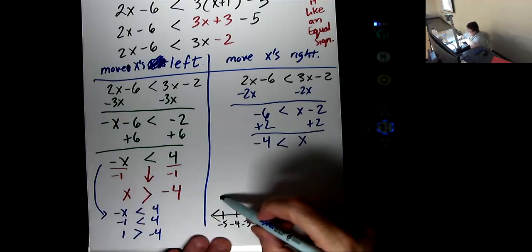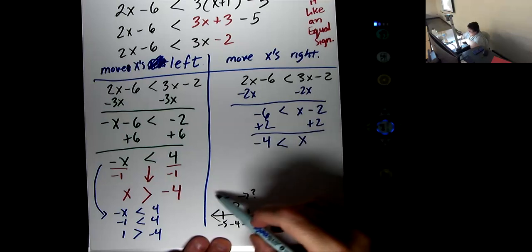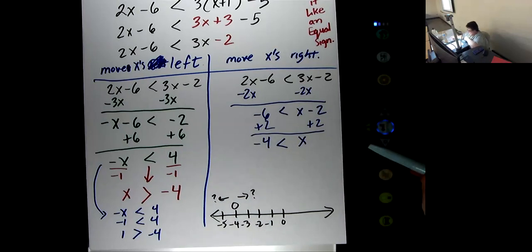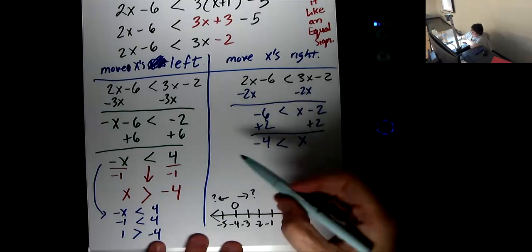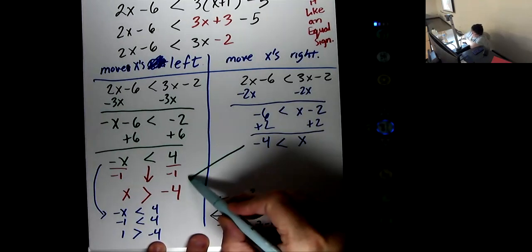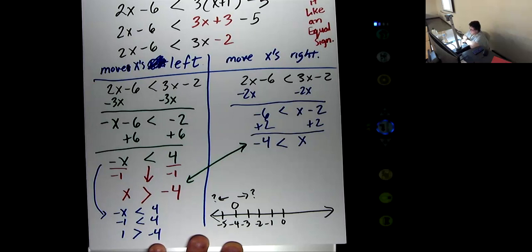Which way? I don't know which way. It's hard for me to read. -4 is less than x. My brain doesn't work like that. It just doesn't. But you can notice that the alligator is pointing at the same thing as that one over there. It's pointing at the x.